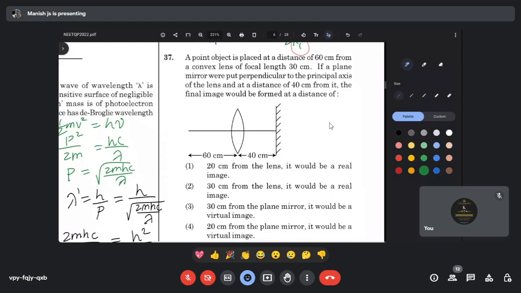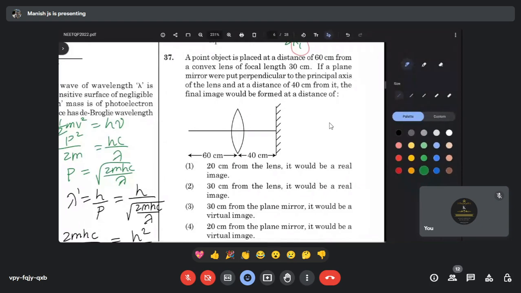So we have to draw the ray diagram first. Complete the ray diagram first, and then only you can approach this question. Otherwise there is no other way. First you have to draw the ray diagram. So on the right side of this convex lens, they have kept a plane mirror. You know that the mirror is always going to reflect the rays falling on it.